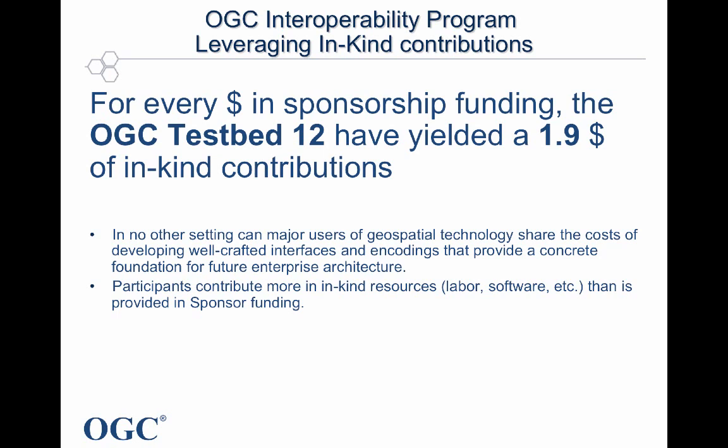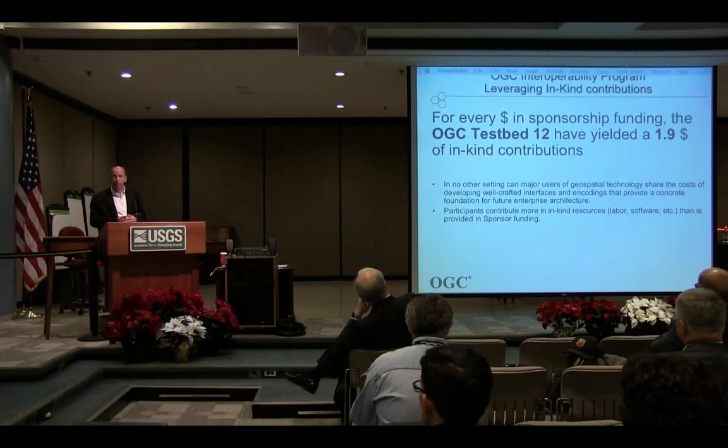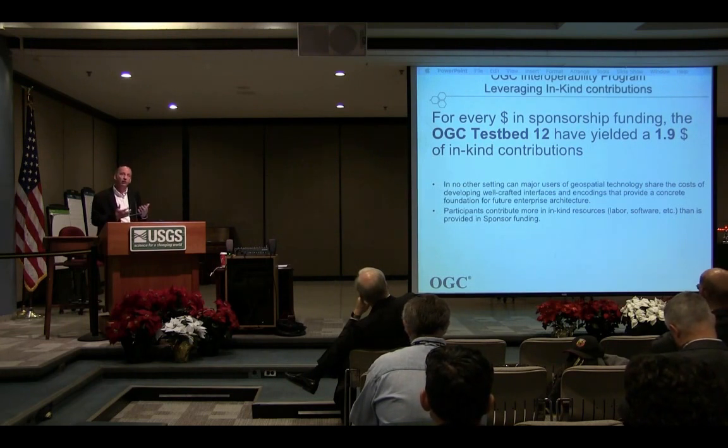And the indication of that from an economic point of view is that for every dollar that gets invested by a sponsor, there's roughly $2 of activity that get performed in the testbed. And that's due to the participants. They contribute that other dollar of effort.